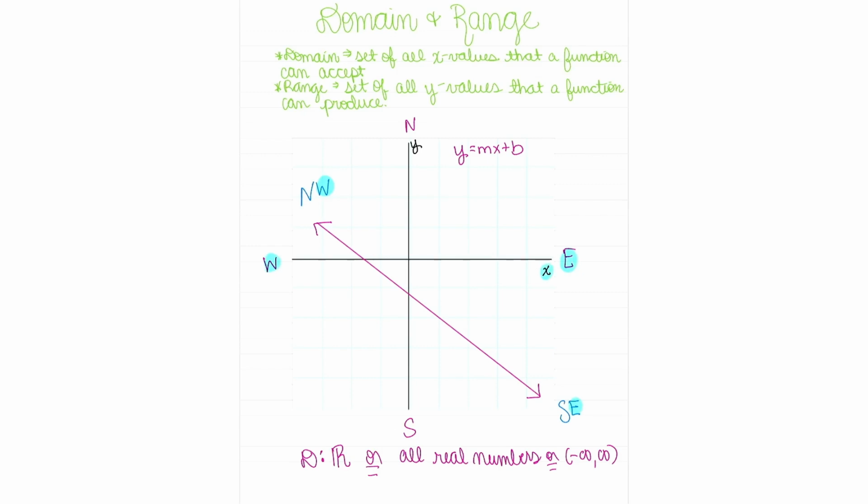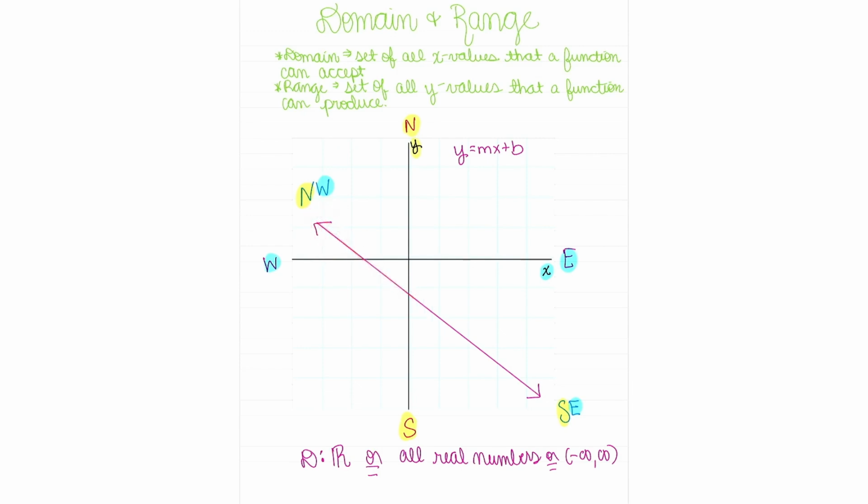So what do you think we're going to do for the range? Well, we're only going to pay attention to the north and south component because that is what the y-axis is. Similarly, since the line is going to be increasing this way forever, it has a north component.